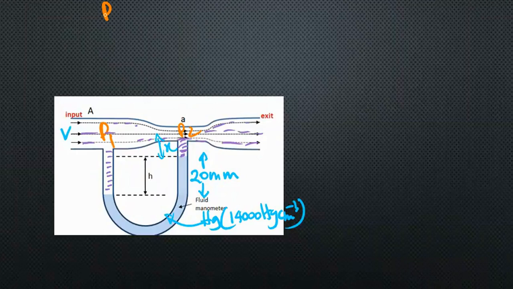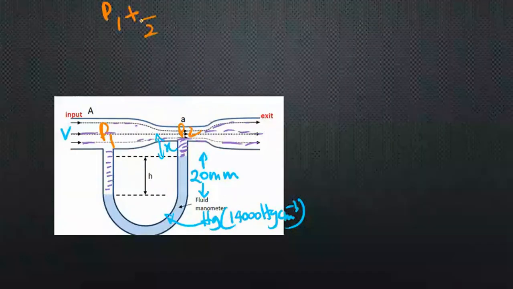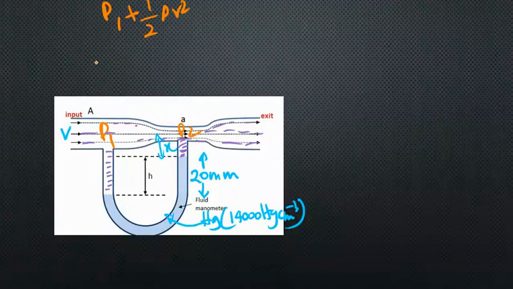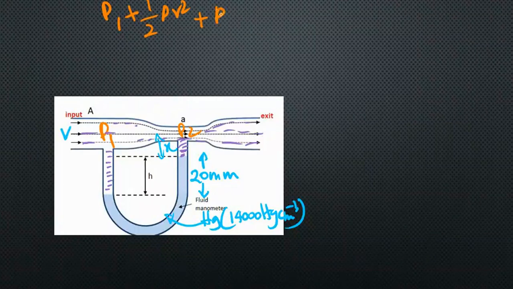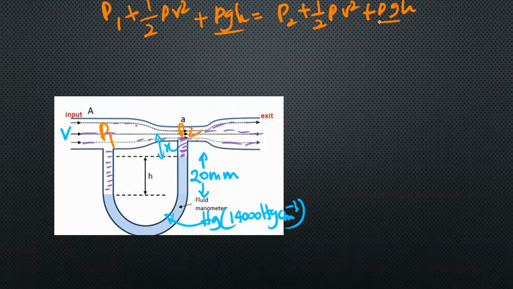So pressure P1 plus half rho V squared, where rho is the density of the liquid flow, plus rho GH equals P2 plus half rho V squared again plus rho GH. This rho GH and rho GH we can cancel off because it's the same height.